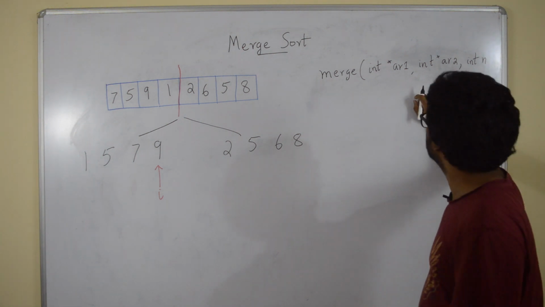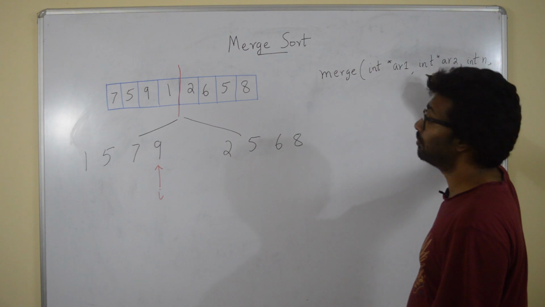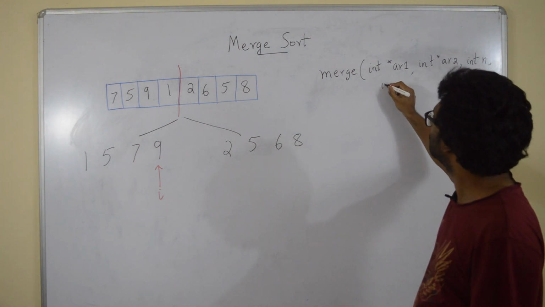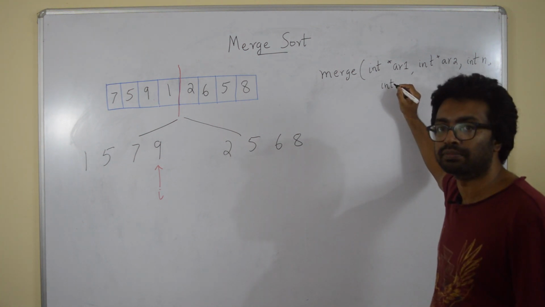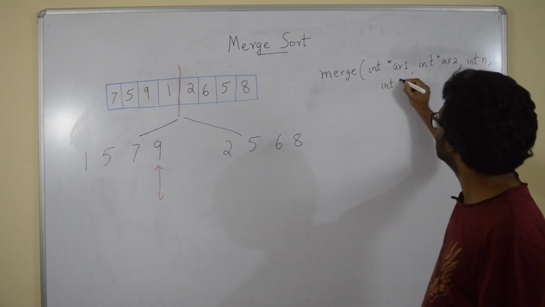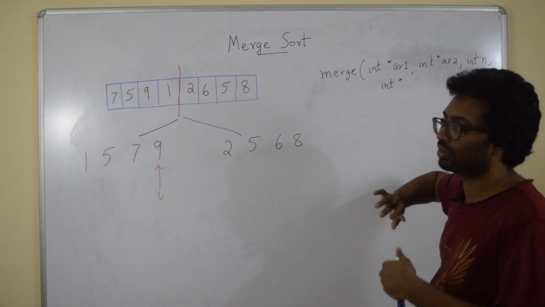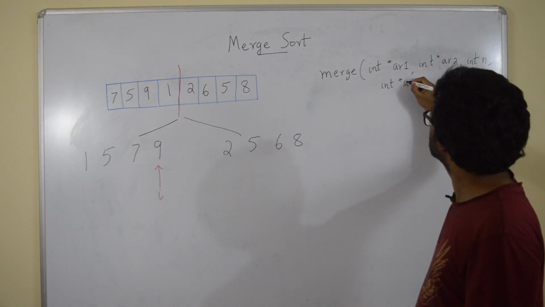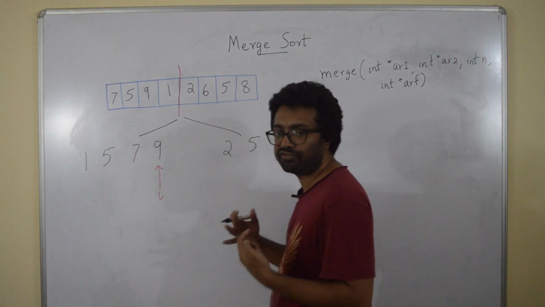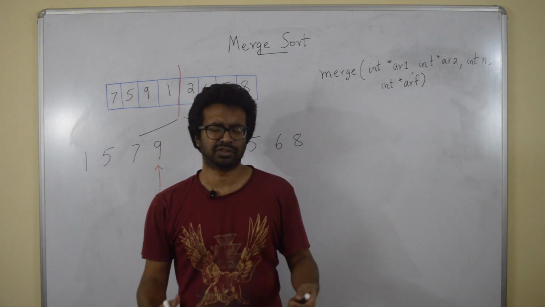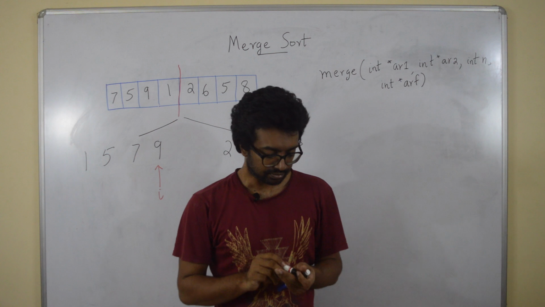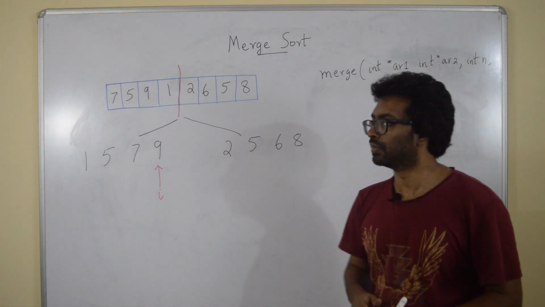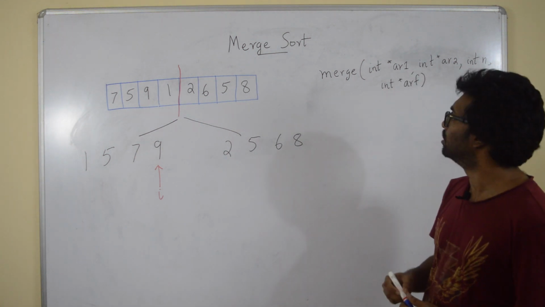Okay, and then we should also pass it a third array, which is int, which is going to be the return array. So ARF, for array final. This is the array which is going to be returned, the copied array we saw.